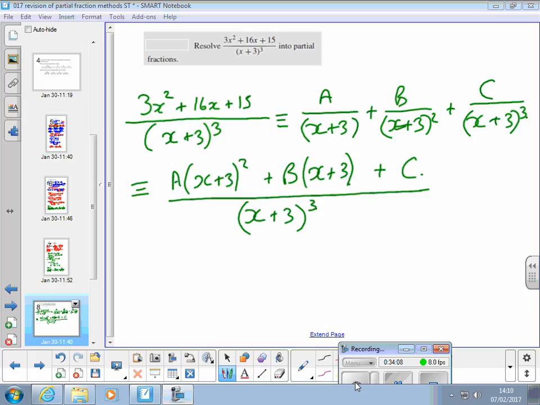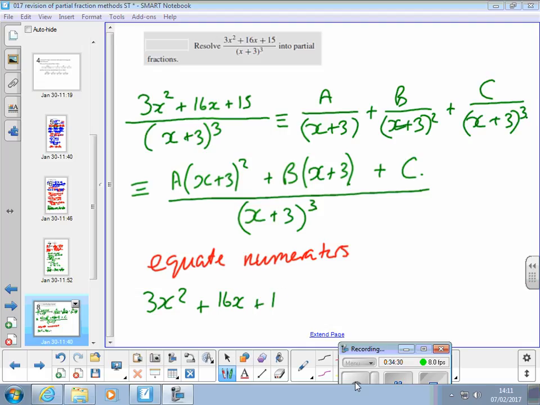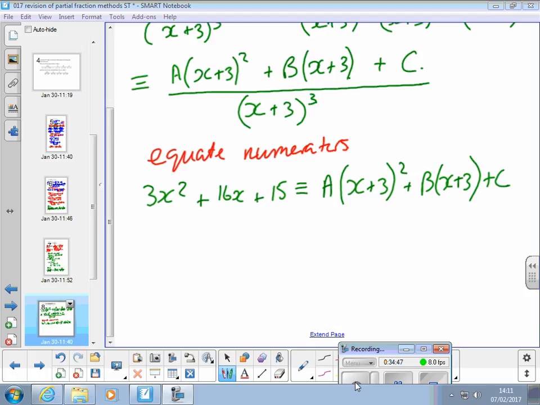Then we equate numerators. So we go 3x² + 16x + 15 is equivalent to A(x + 3)² + B(x + 3) + C. Then, if we let x equal to −3, it'll eliminate the A and B terms.